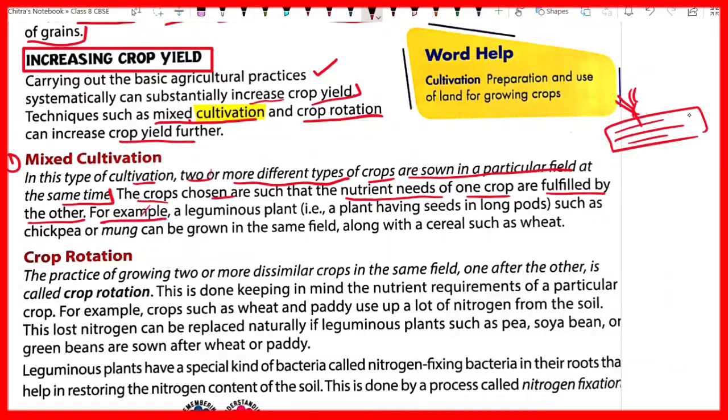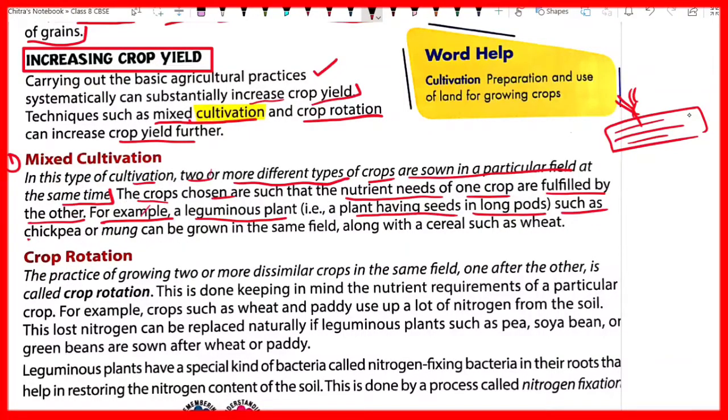For example, leguminous plants. Leguminous means dicot plants, plants having seeds in long pods, like pea and gram. All these are nothing but leguminous plants. Instead of remembering that, just remember dicot plants. We have different kinds of crop names here also.